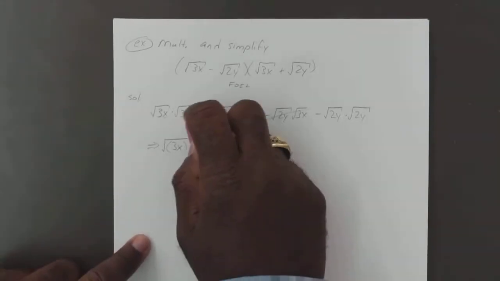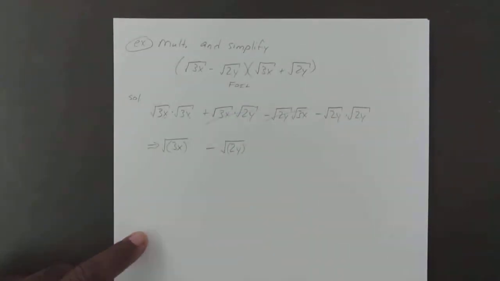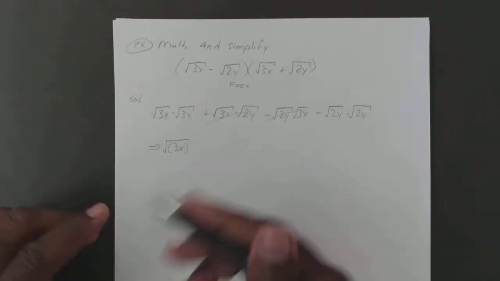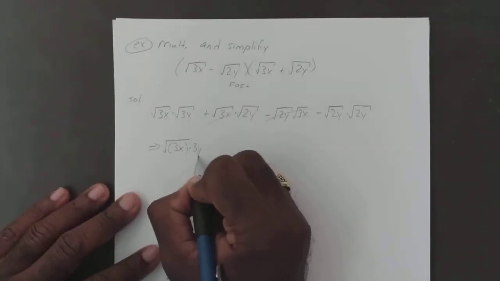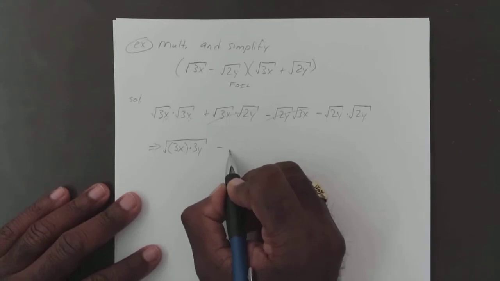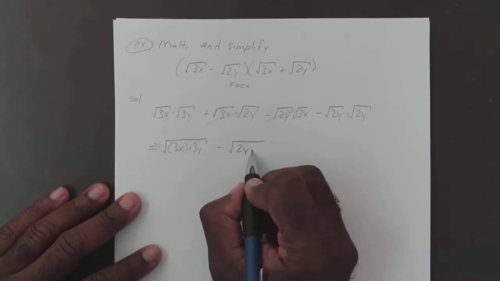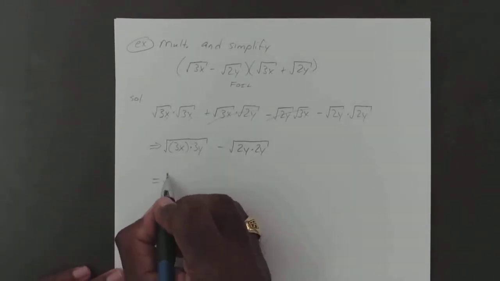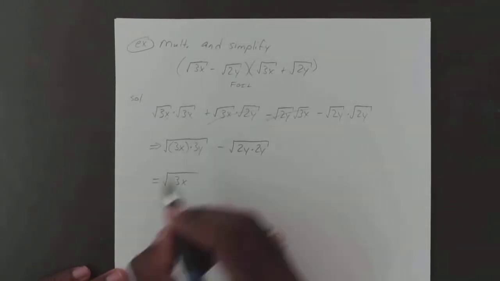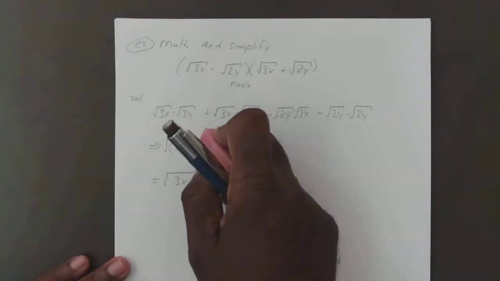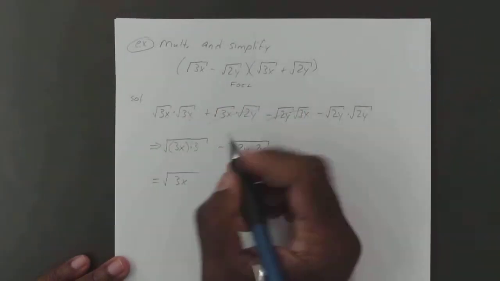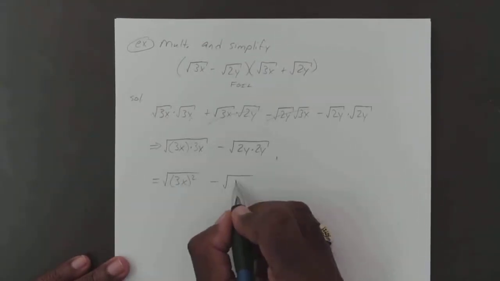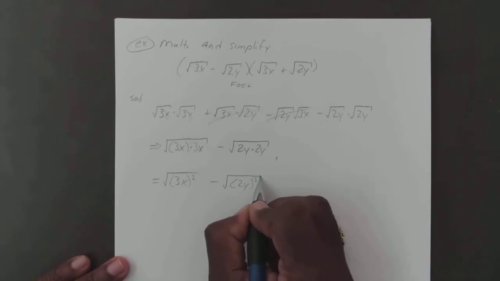Let me write it down instead of skipping that step. Square root of 3x times 3x, 2y times 2y, which gives you square root of 3x squared minus the square root of 2y squared.